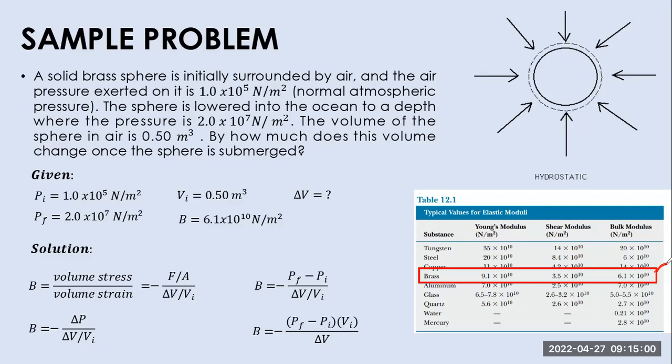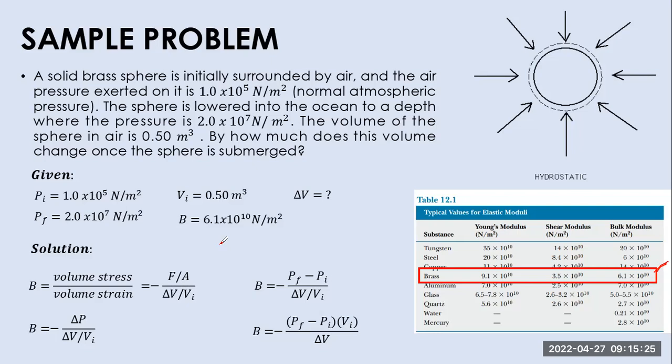So, for the bulk modulus, our formula: bulk modulus is equal to the volume stress over the volume strain, or negative force over area over the change in volume over the original volume.